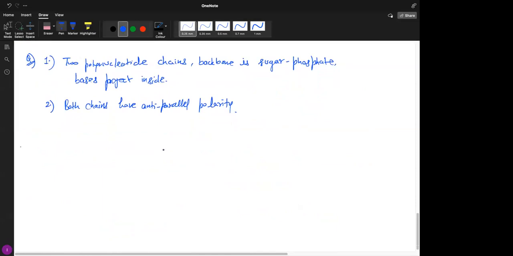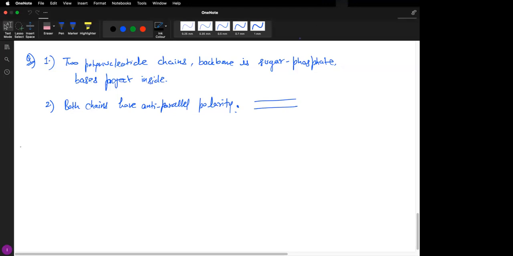Okay, perfect. I got 2 thumbs up, which means am I audible? So both chains have an anti-parallel polarity. So if one chain is 3' to 5', so it's like Mariam is saying, is my voice breaking for others as well? Yes, sir, it's breaking. Bad news.